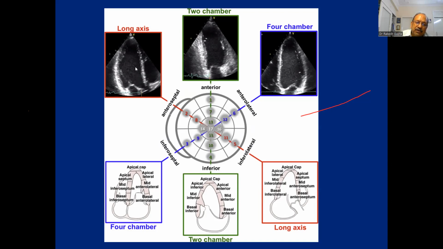This is the three-chamber view, where we say basal and mid-anterior septum and mid and basal posterior wall. In this particular segment, it is mid and basal anteroseptal, mid and basal inferolateral wall. So we have two-chamber and four-chamber views, similarly looking at this ejection fraction.